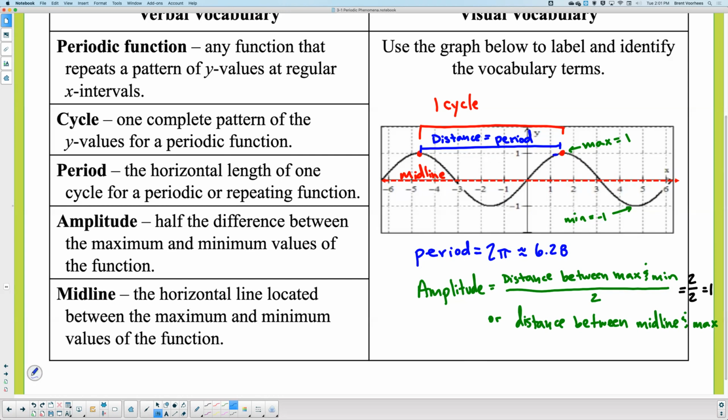So if we want to put that on there, you can go like that. So we'll say this is the amplitude there. From the midline to the maximum is how you can calculate the amplitude as well. Okay, so there's a whole bunch of vocabulary to get us started off on these type of functions we're going to see.